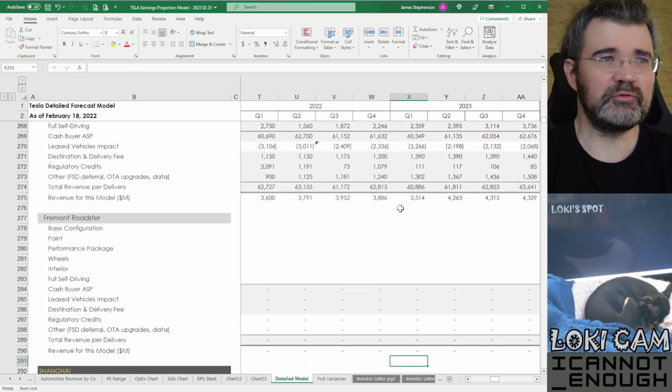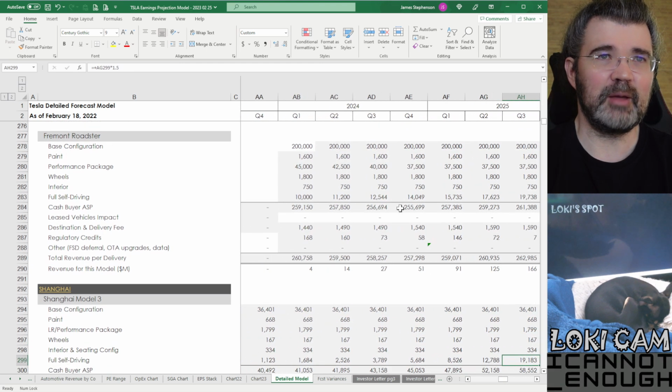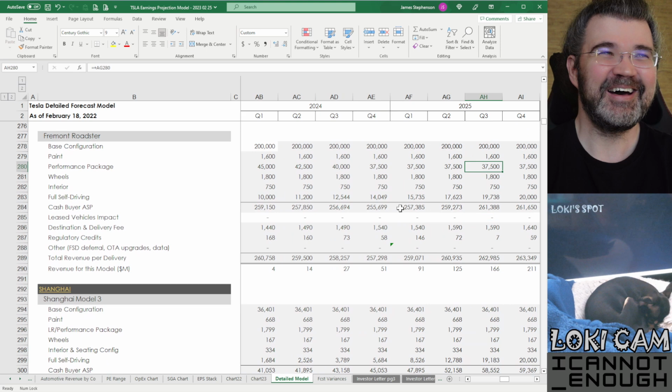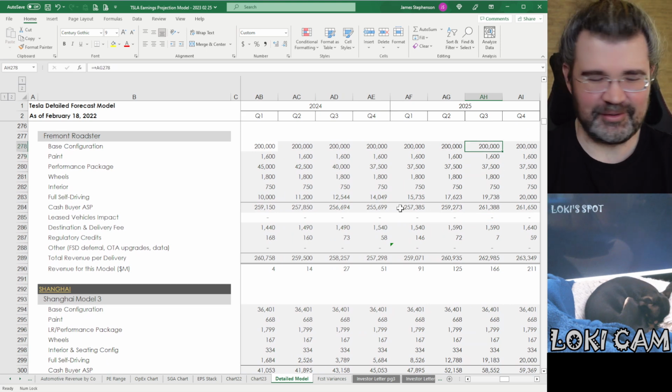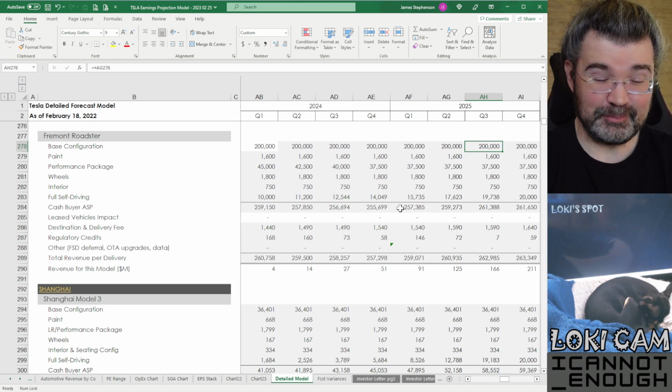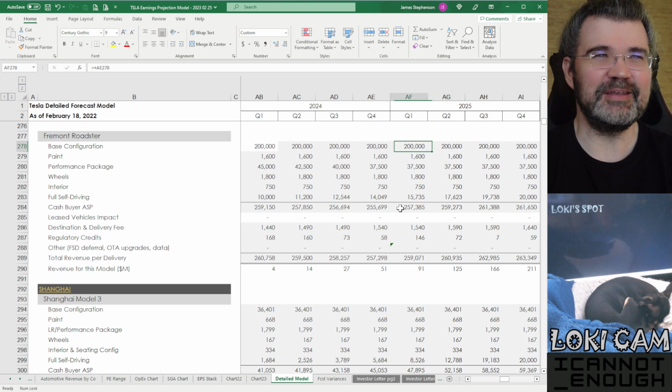Fremont Roadster, don't have to worry about yet. I will scroll out here to the side so you can see what I'm assuming for this. In 2024. Now, it doesn't sound like Tesla is in any big hurry to make the Fremont Roadster, so we might not see it in 2024.